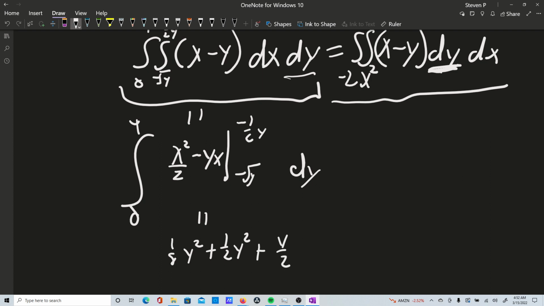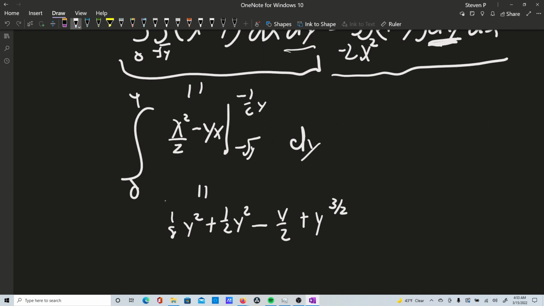This is right. No, so this is minus 2 plus y to the 5 halves. Or is it 3 halves? And now you got to integrate that from 0 to 4 dy.